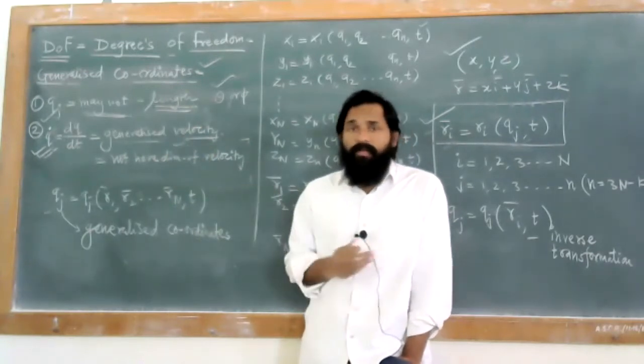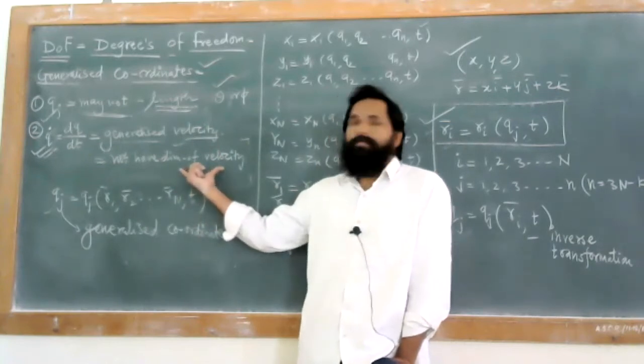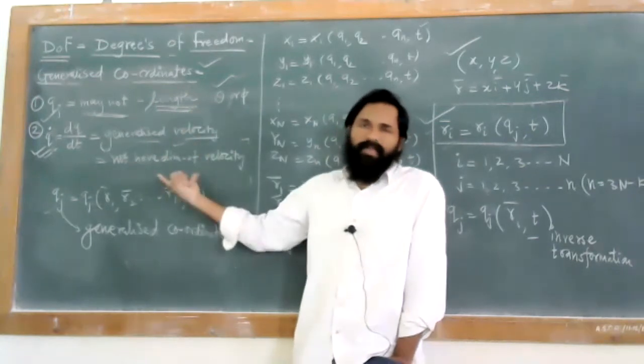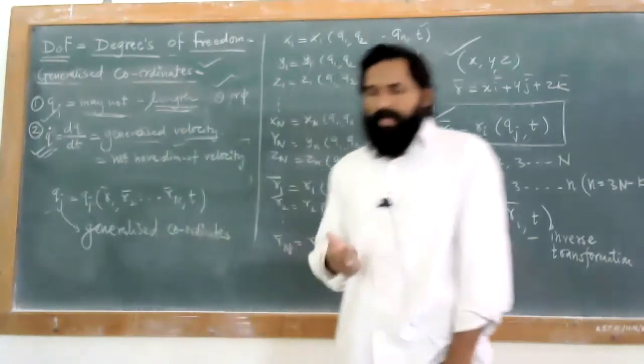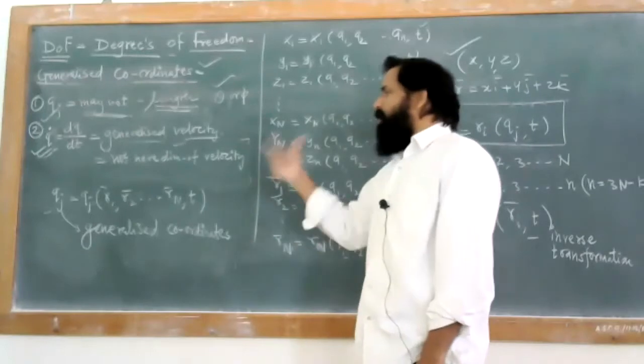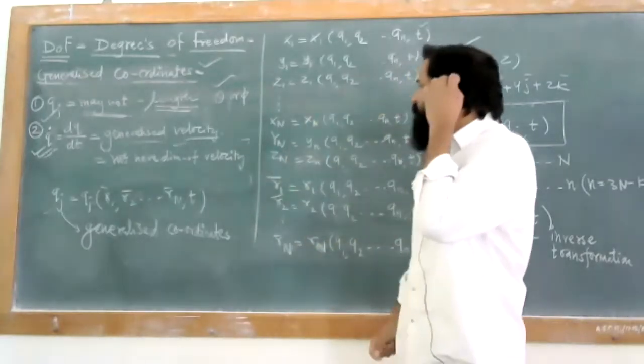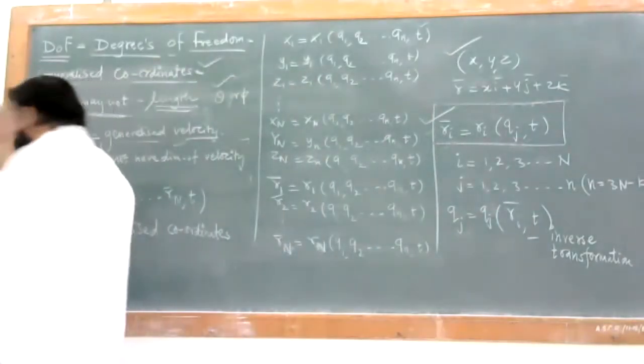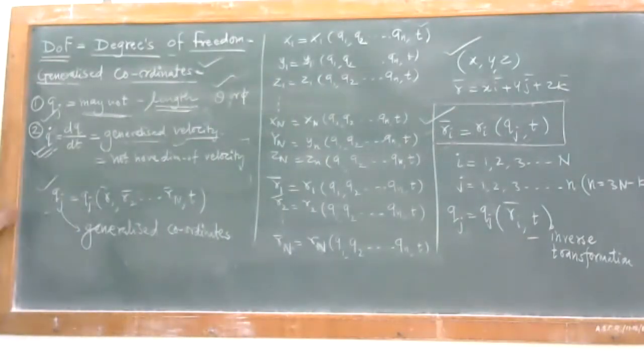That is called generalized velocity that may not have a dimensions of velocity. Third thing is that your qj, or generalized coordinate, cannot be divided into a group of 3 so that it can form a vector. Okay, so that is your third condition. So you have this in terms of your generalized coordinates.